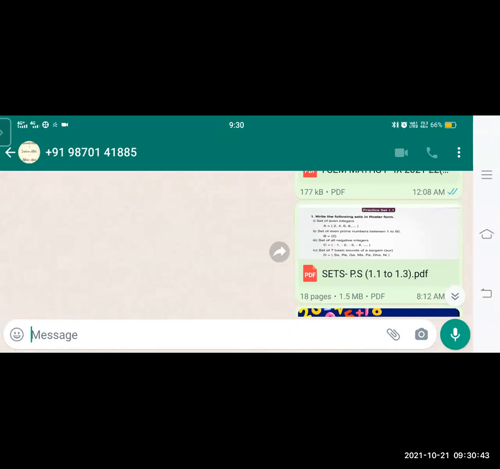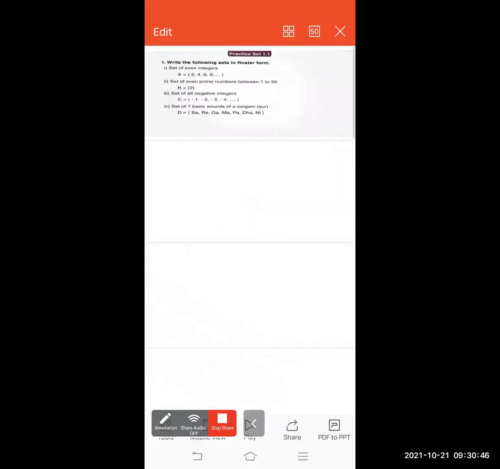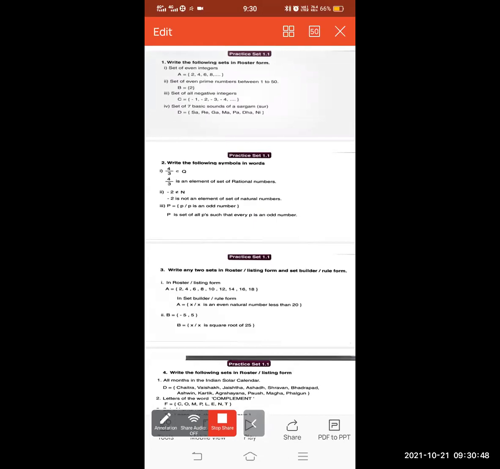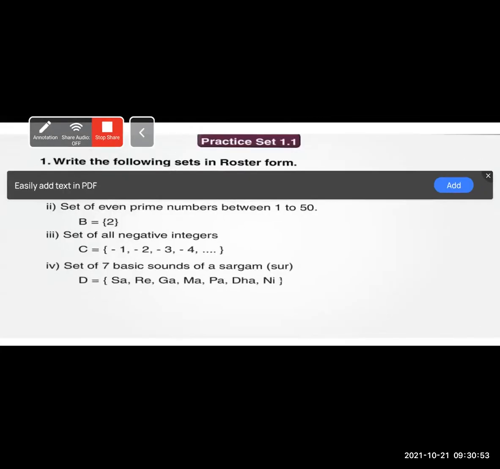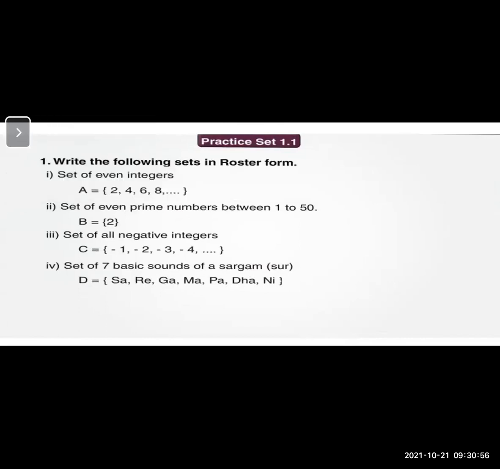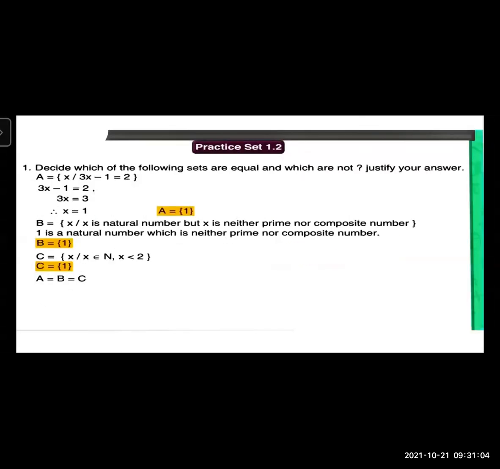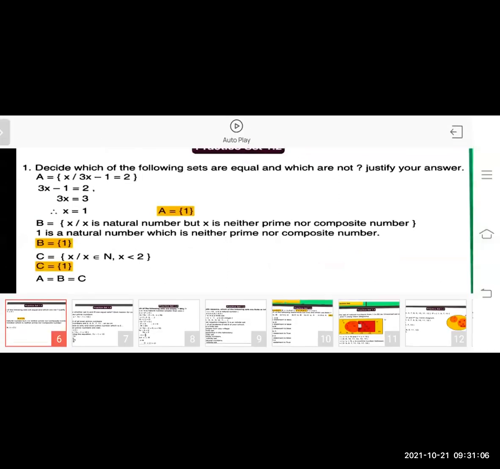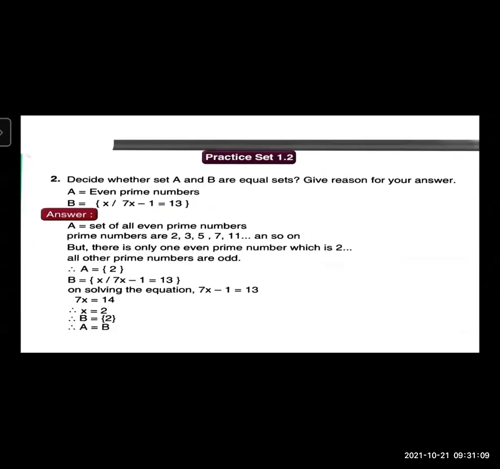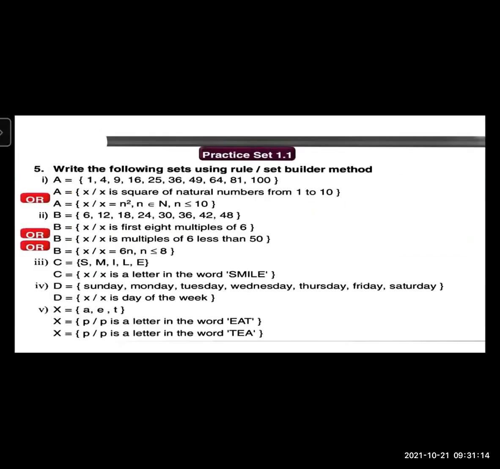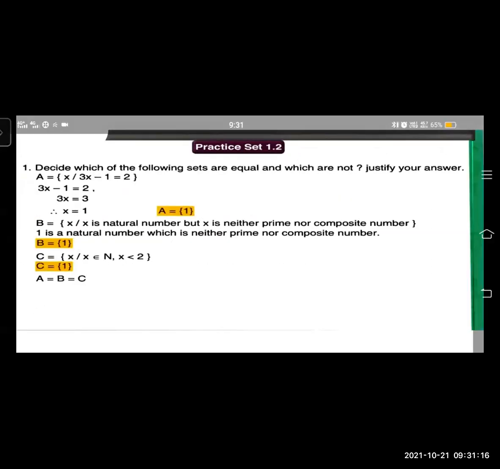Now we will go to practice set 1.2. In practice set 1.2, the first question is: decide which of the following sets are equal and which are not equal.